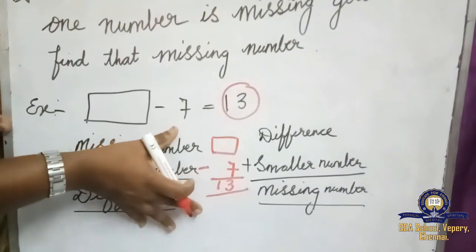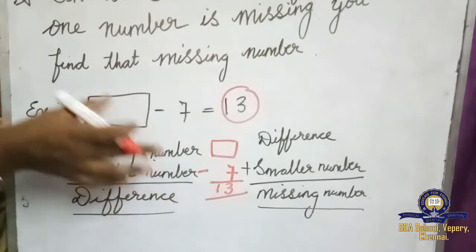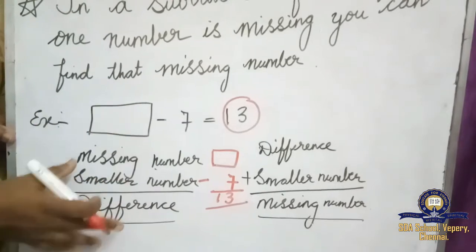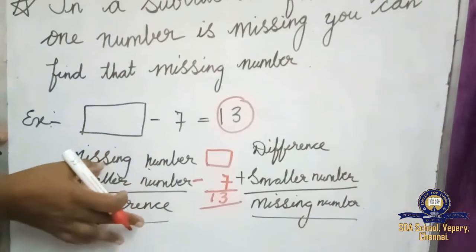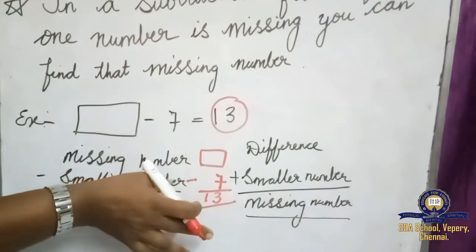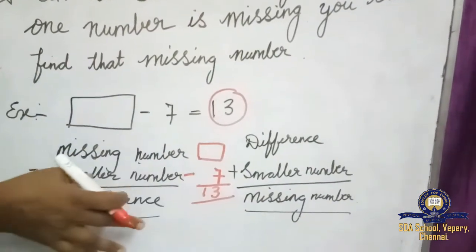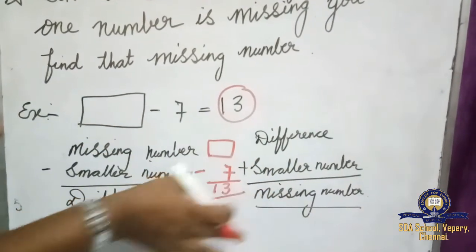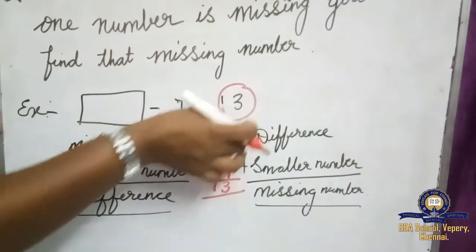I'll tell you once more. See here, they're asking you to find out the missing number. So to find the missing number, first write missing number minus smaller number. This is the missing number, this is the smaller number, and this is the difference.